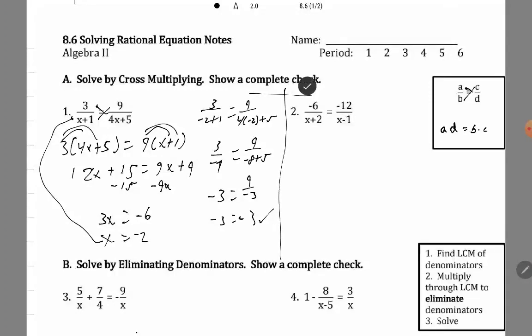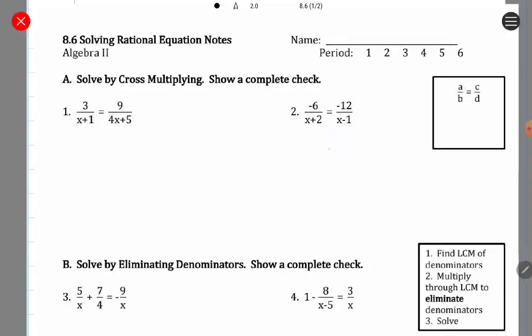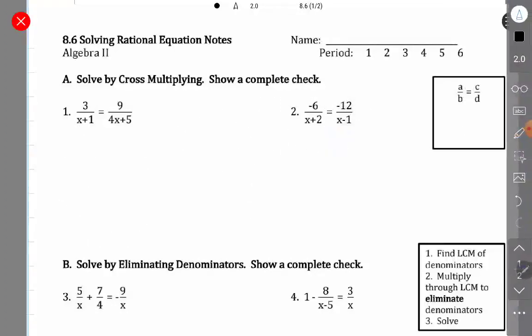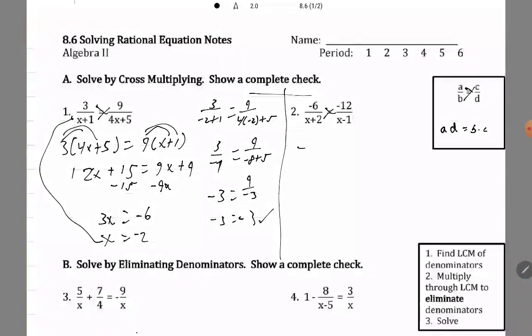Alright, number 2. Same thing, cross multiply. Negative 6 times x minus 1 equals negative 12 times x plus 2. So I'll have negative 6x minus 6 equals negative 12x minus 24.